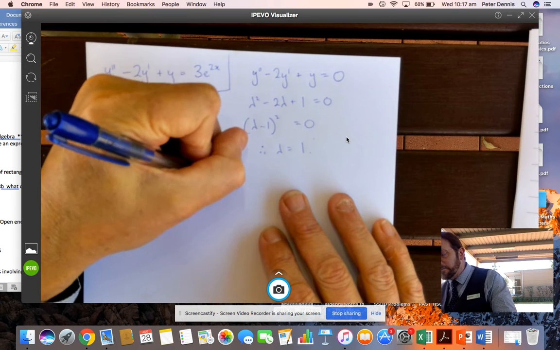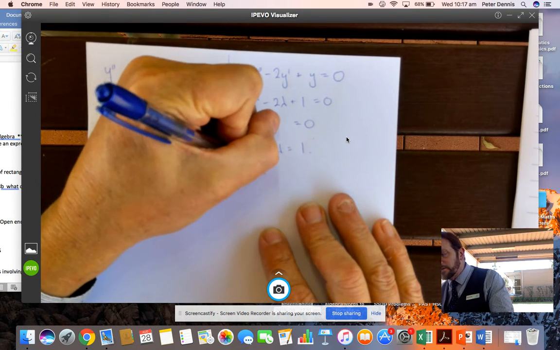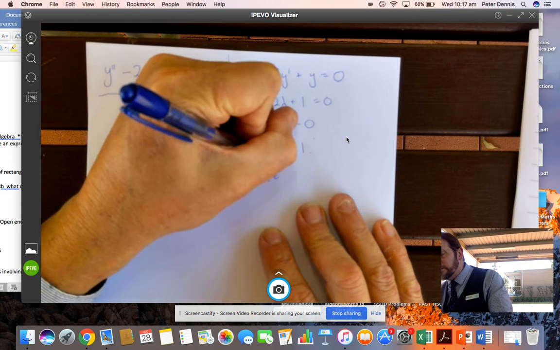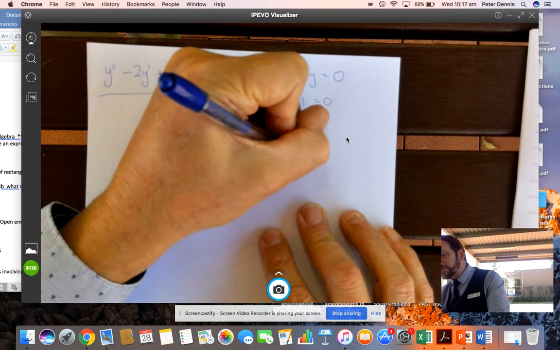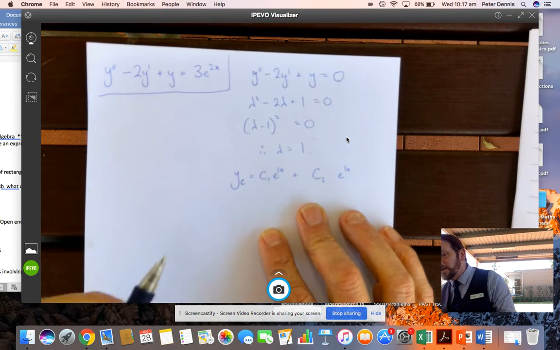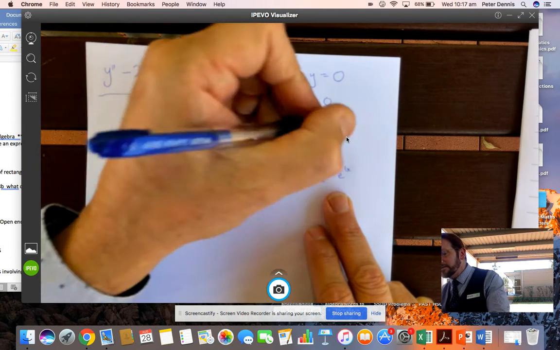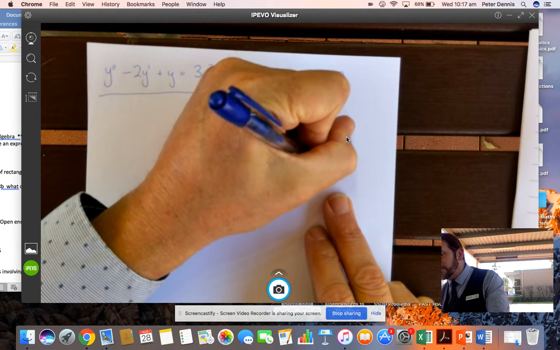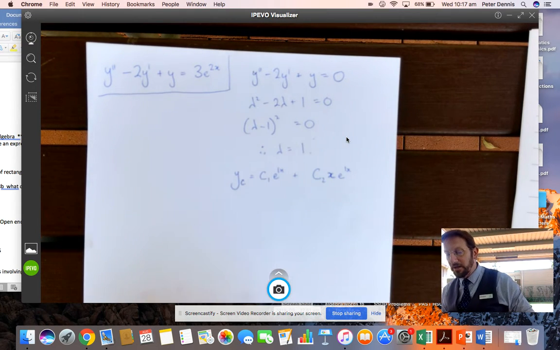Therefore, our complementary solution, or the start, equals C1 e to the x, or 1x, plus C2 e to the 1x. Again, these two are linearly dependent, therefore we have to put an x in there. So that is the start of our general solution.